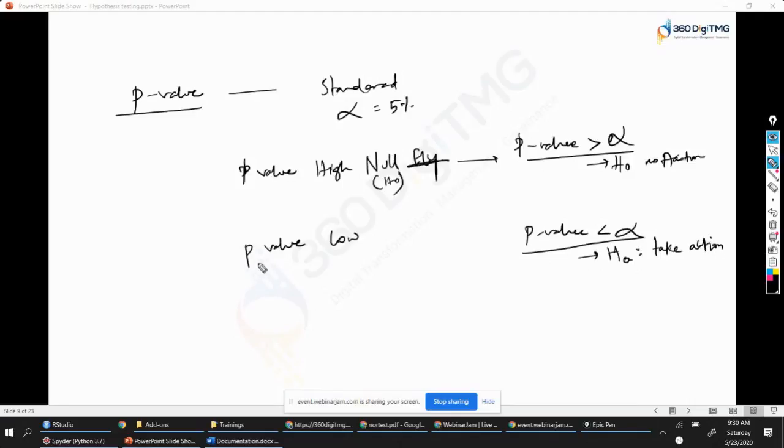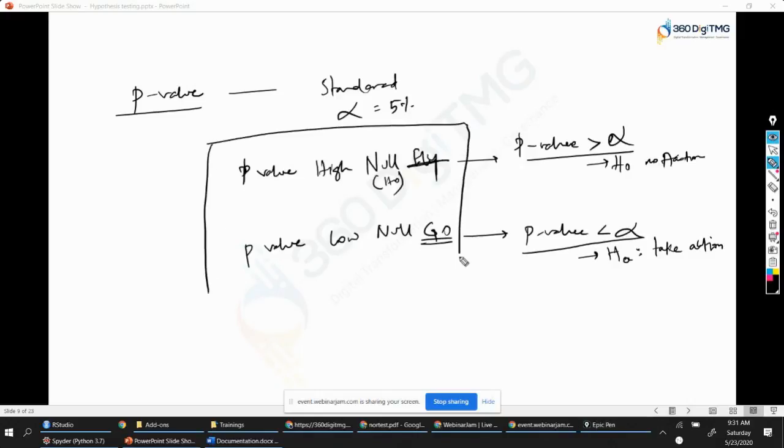Take risks. So P low, then we say null go, which basically says reject the null hypothesis. So these are the two statements that we need to remember by heart, and it makes our life easy to decide what should be considered with respect to the p-values.